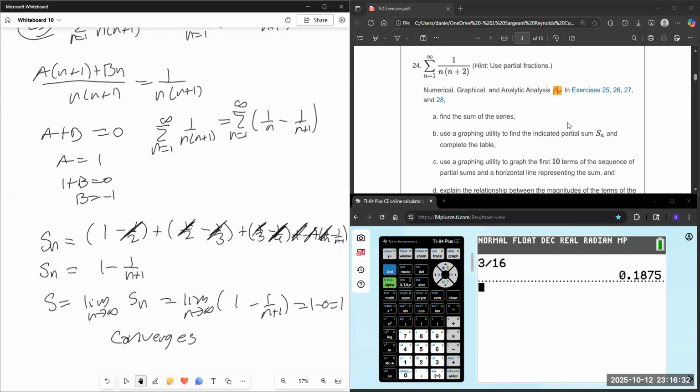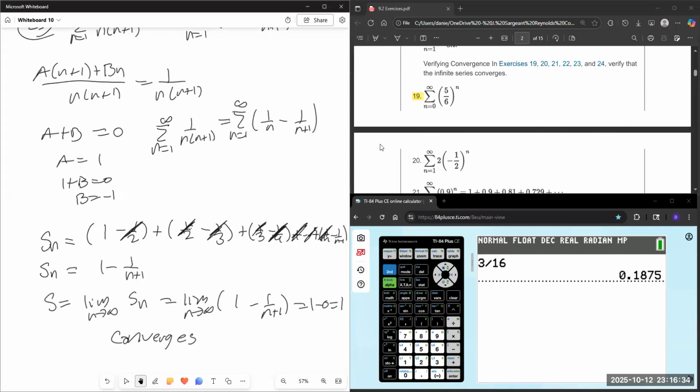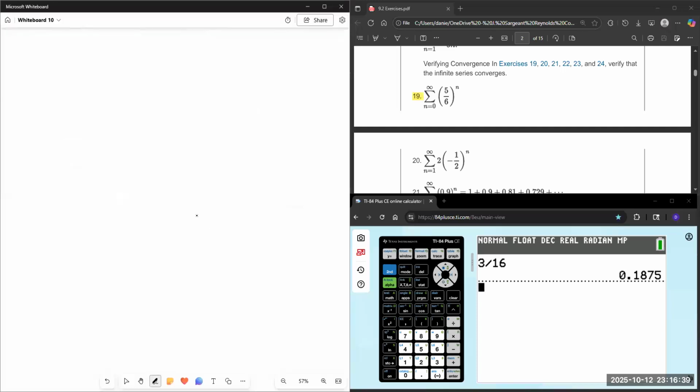So I don't think that we talked about what the sum of this geometric series was, but I'll tell you the formula. If we have the sum from n equals 0 to infinity of a sub 0, which is the first term of the sequence, times r to the n, its sum s is exactly equal to a sub 0 over 1 minus r.